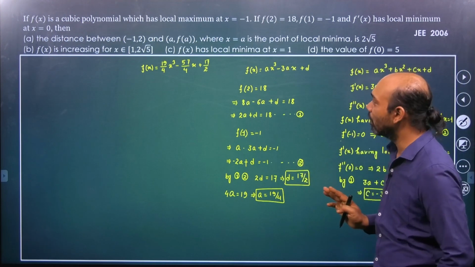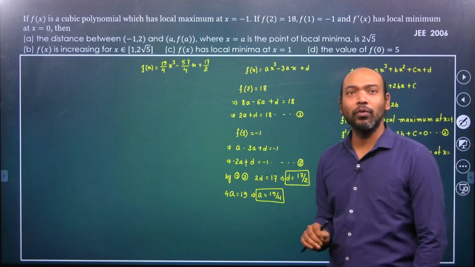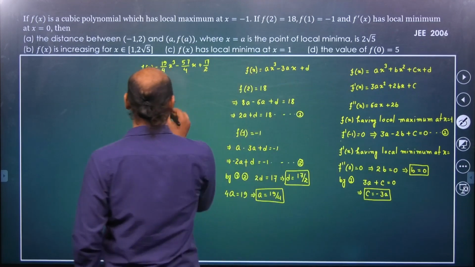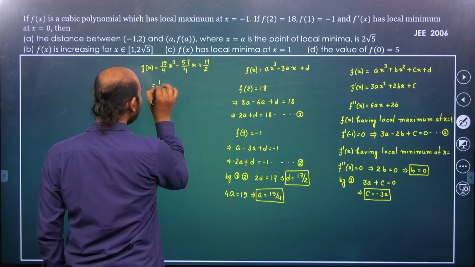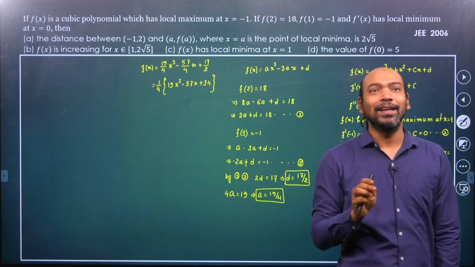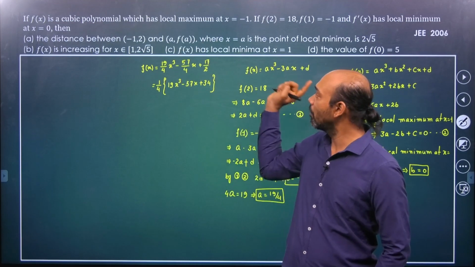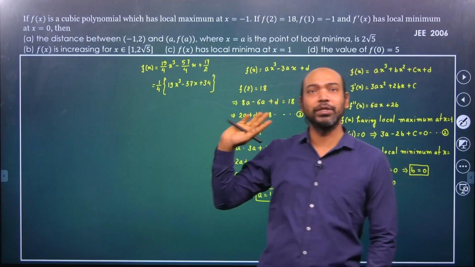These are big numbers, but how to go ahead? Let us take 1 by 4 common. It will look good. So we'll get 19x cube minus 57x plus 34. That's our required function. Whatever steps we followed up to now, we have obtained the exact polynomial we are looking for. Now our main aim is to check all these options one by one.